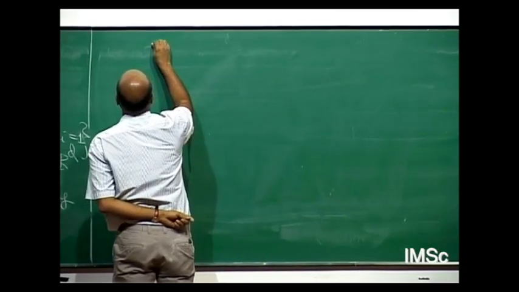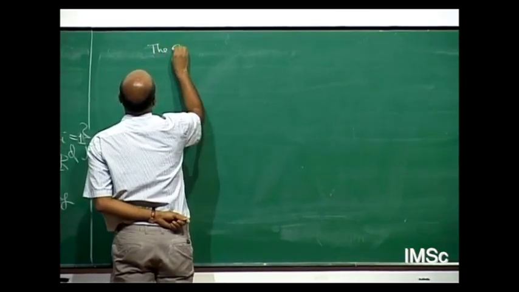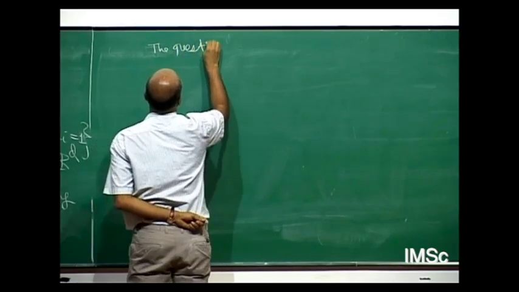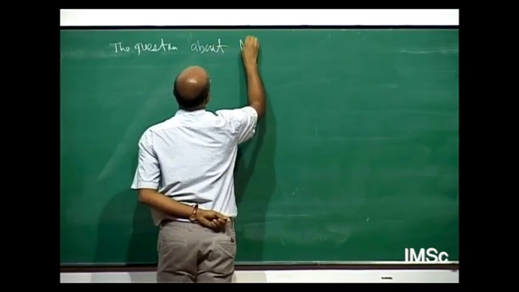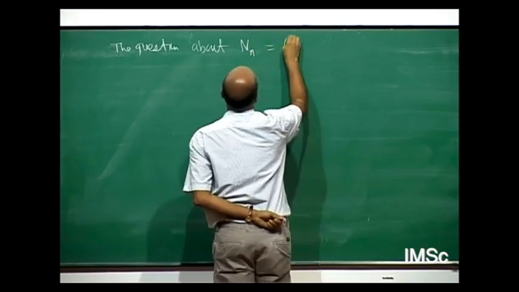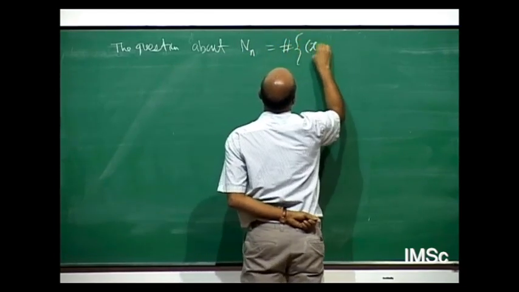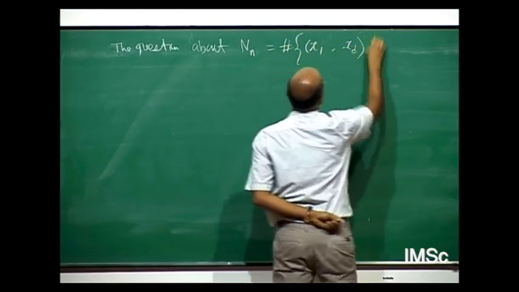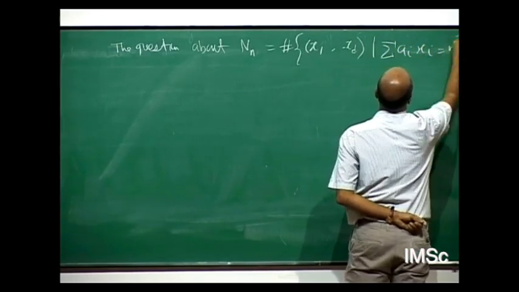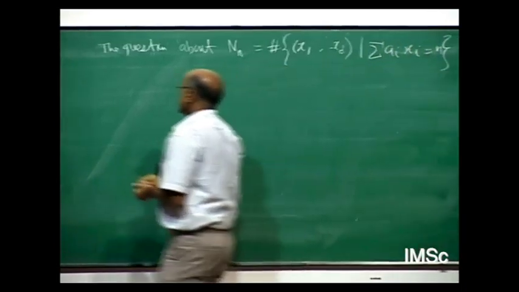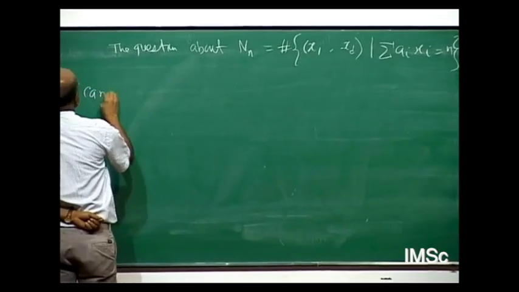So the question about the cardinality of x1, ..., xd such that the summation of ai xi equals n can be generalized further.